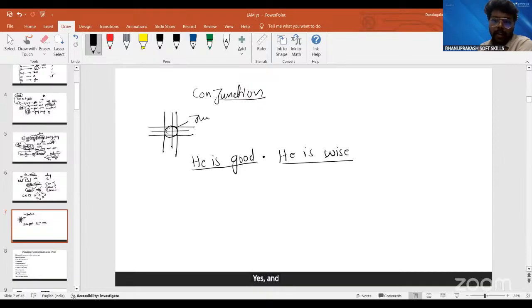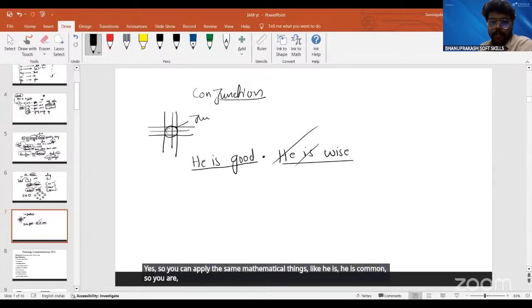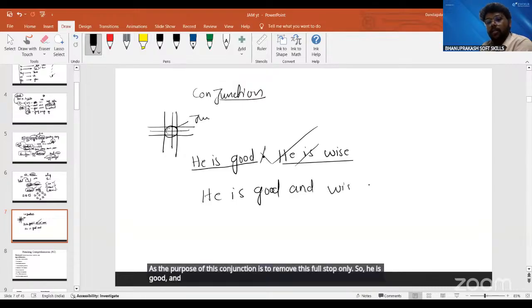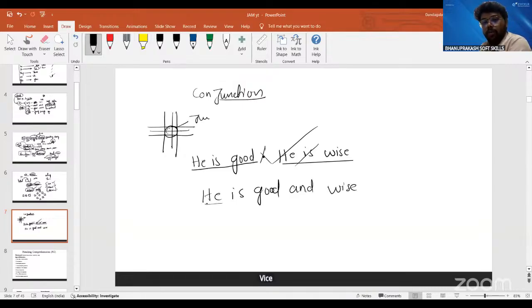You can apply the same mathematical thing: "he is" is common, so you cross it out. What is left? He is good, and instead of the full stop, as the purpose of the conjunction is to remove this full stop, he is good and wise. Now this becomes one sentence. Previously it was two sentences.